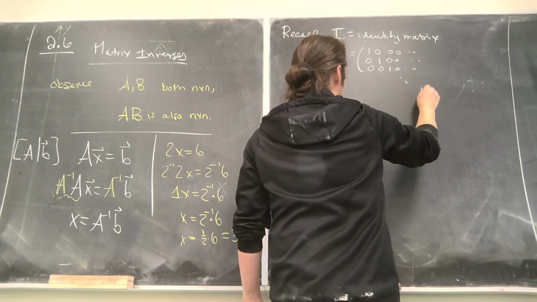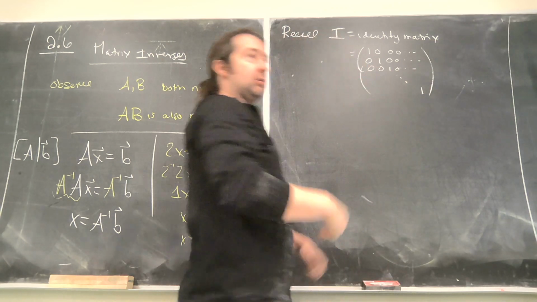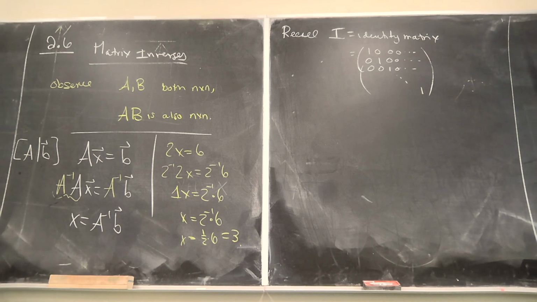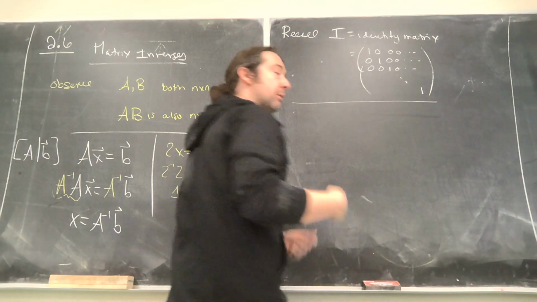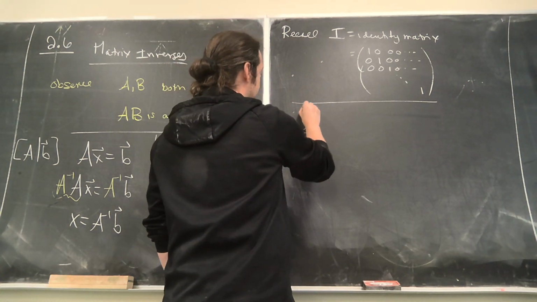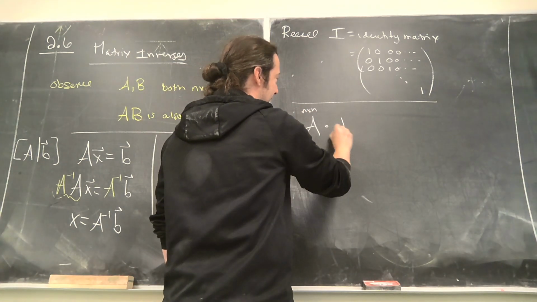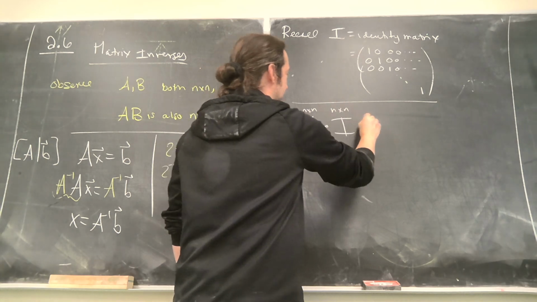And you keep going until you get down to a 1 in the lower right-hand corner, 0s everywhere else. The reason that we called that the identity matrix is because it plays the role of the number 1. If A is n by n, and I multiply it by the n by n identity matrix, I get A back again.